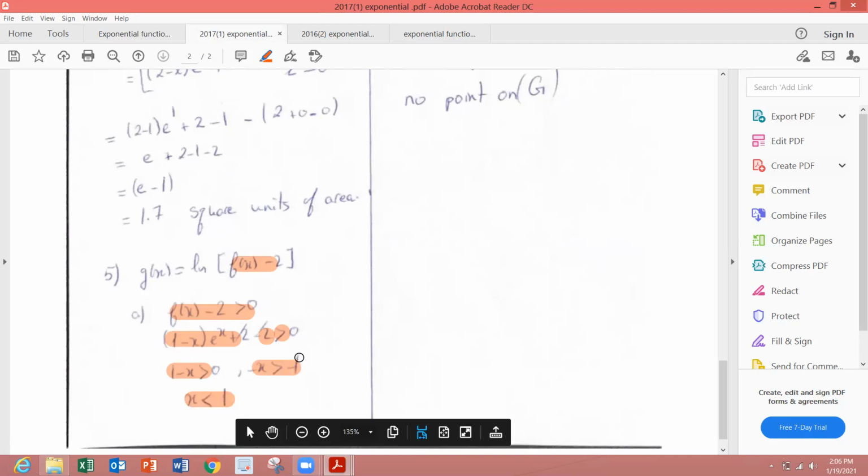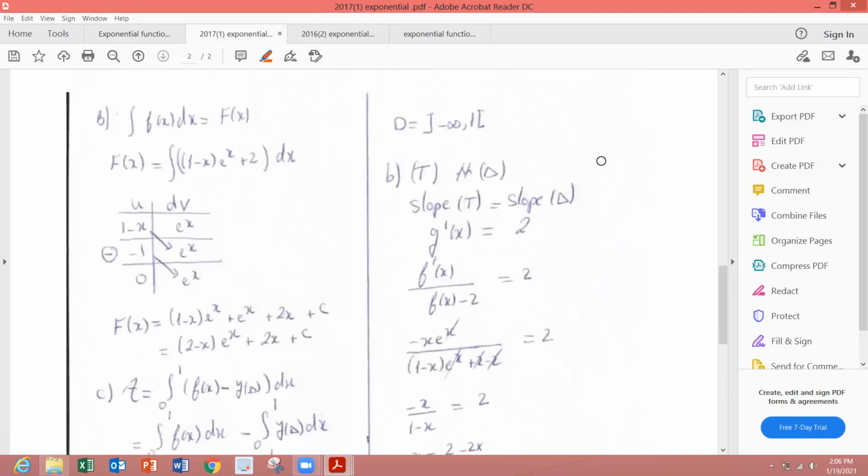So the domain is (minus infinity, 1). Any questions about the domain? So the domain of definition is (minus infinity, 1).